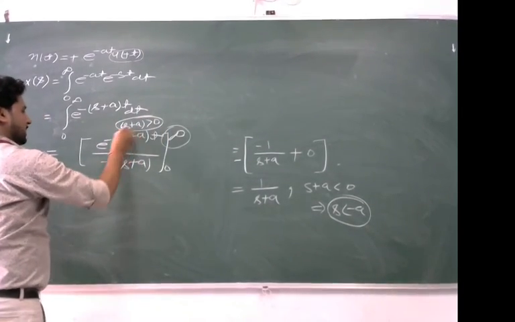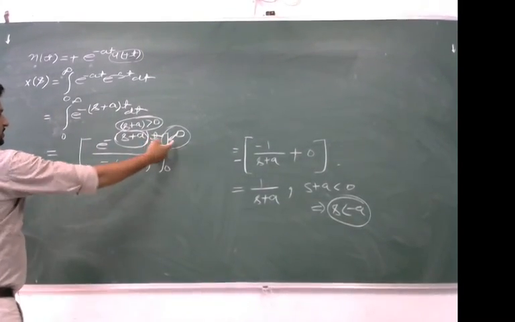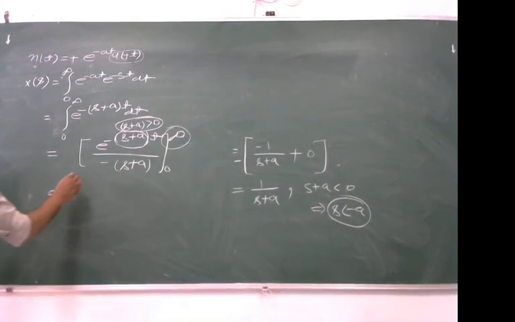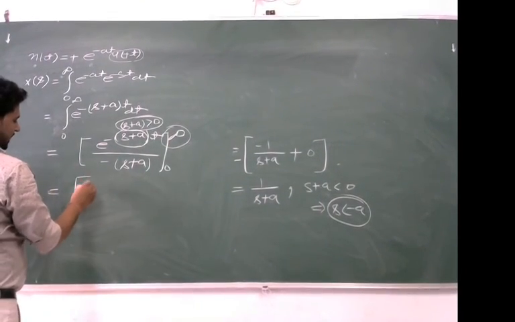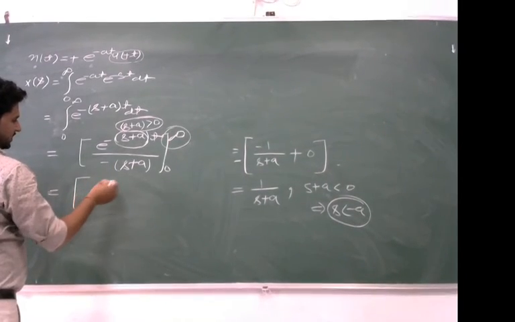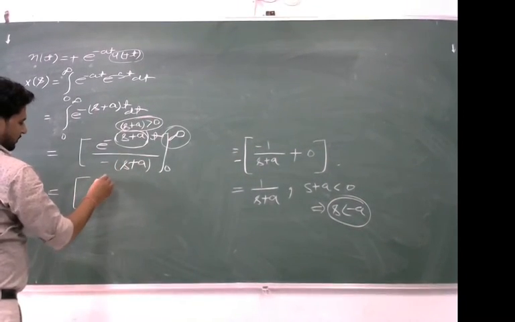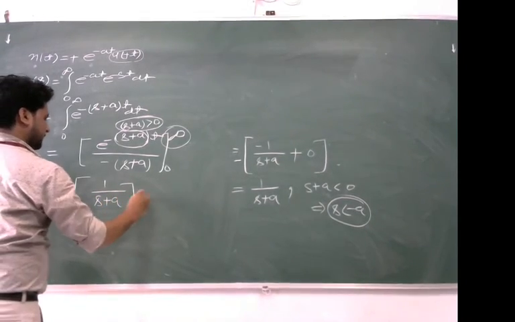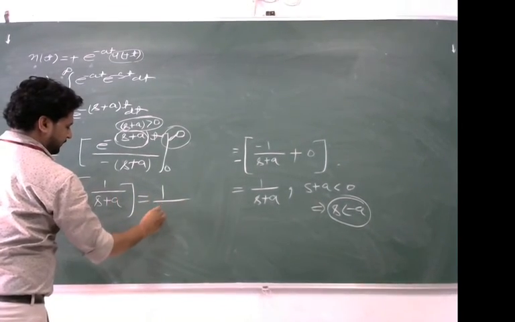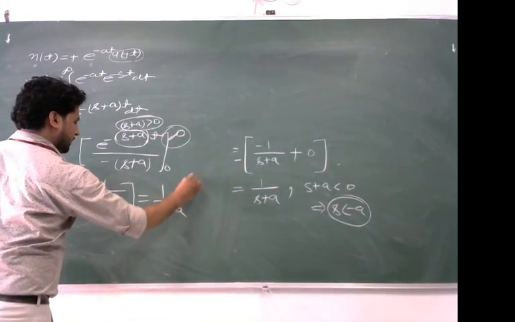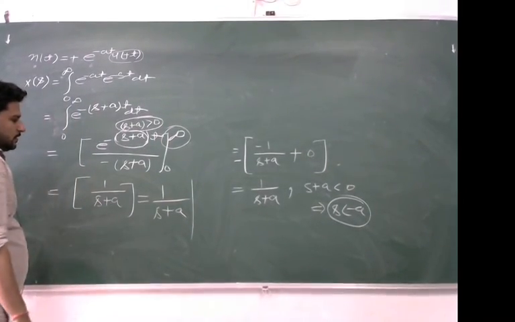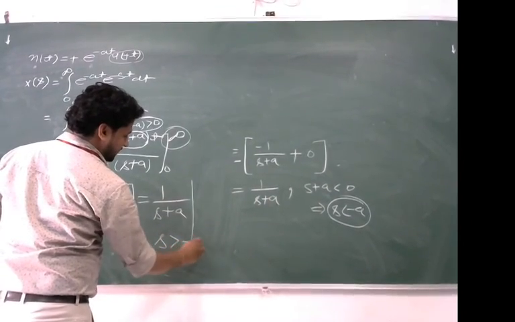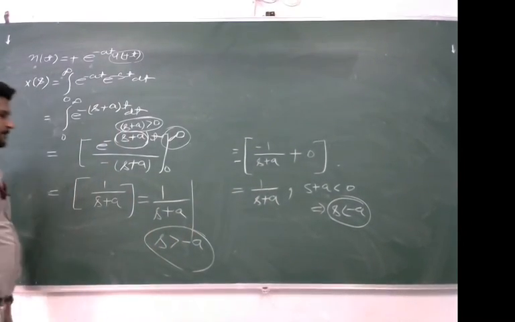Only when this value is positive can we put t equal to infinity, and this becomes 0 minus 1, minus is already here, so plus e power 0 upon s plus a, means 1 upon s plus a. Again, here the region of convergence is s greater than minus a.